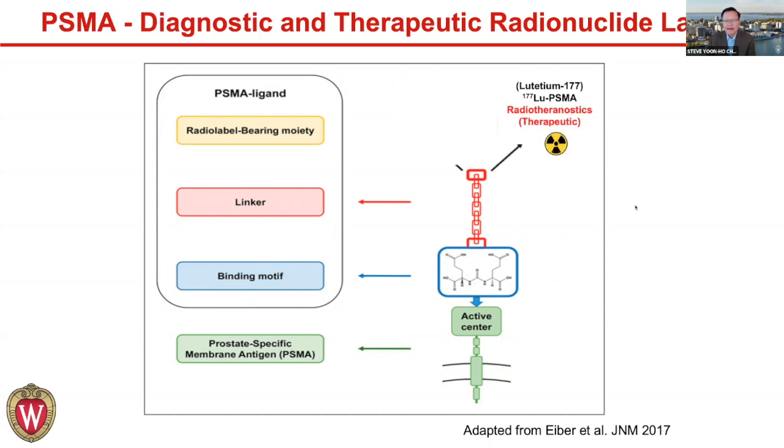But we can then have the same ligand that targets the same molecule on the tumor cell, and switch the radioactivity to, in this case, lutetium-177, a radiotheranostic label for therapeutic purposes. So the same target, but different radioactivity for different purposes.